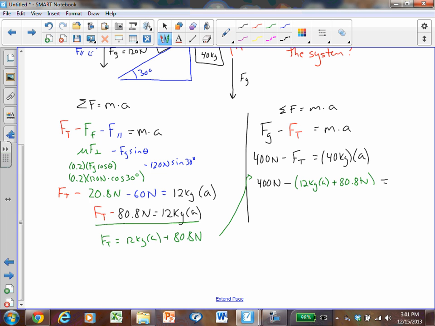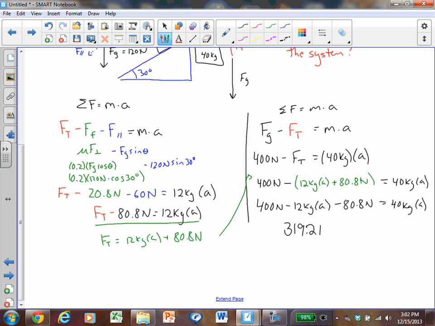Okay, equals 40 kilograms times A. So let's distribute our negative now: 400 newtons minus 12 kilograms times A minus 80.8 newtons equals 40 kilograms times A. 400 newtons minus 80.8 newtons is 319.2 newtons.